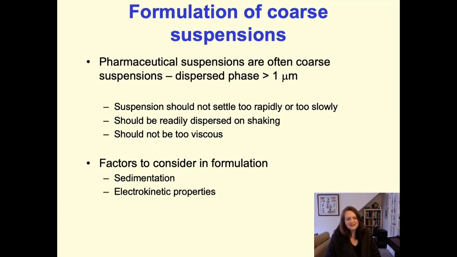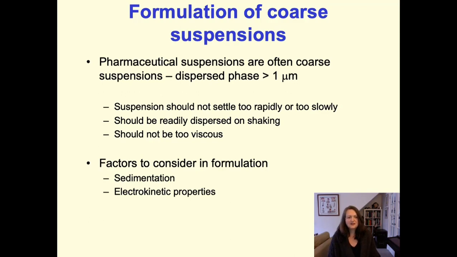So as I said, when the dispersed phase size is greater than 1,000 nanometers, so greater than 1 micron, we call these coarse suspensions. And although they do follow the rules that we've talked about in terms of electrokinetic properties, in terms of DLVO theory, they do also undergo sedimentation. And this means that the particles are already big enough, even without any aggregation, to sediment.